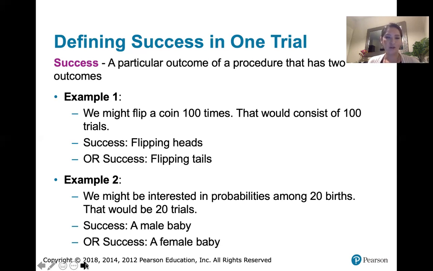So maybe there are 12 female babies born out of those 20 births. Then you would have 12 successes out of 20 trials. It really doesn't matter if you call having a male baby a success or a female baby a success. Once you define it, as long as you're consistent with it, you can use that in your calculations and then use that, of course, in your interpretation of what you calculate.